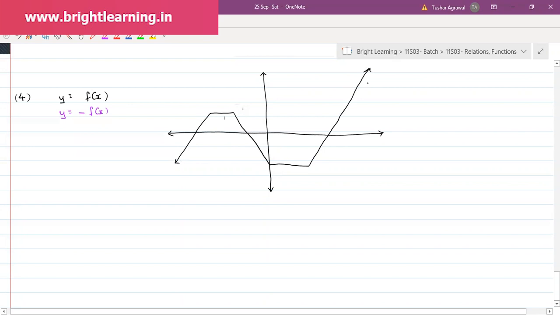This is my graph of f of x. Now you have to take f of x with a negative sign.